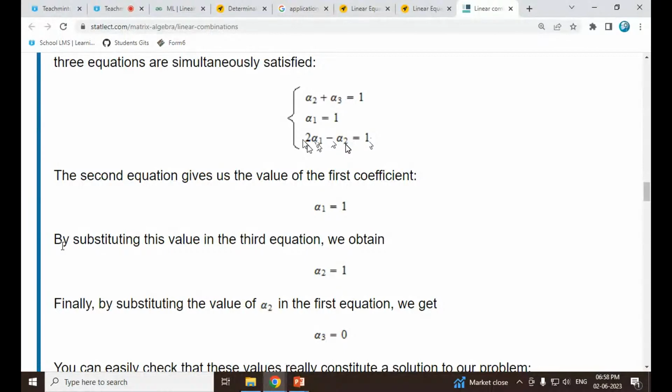That is A2 plus A3 equal to 1. So A2 is 1, so 1 plus A3 equal to 1.